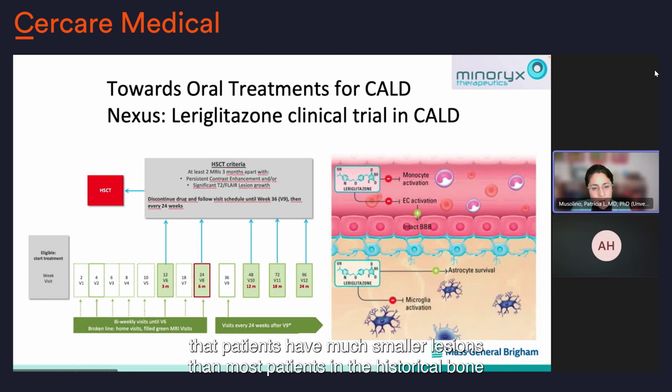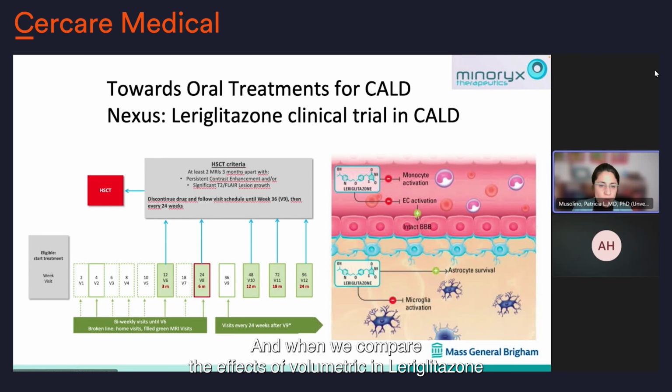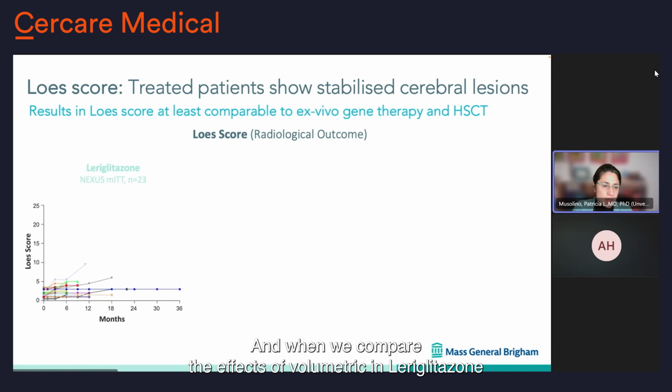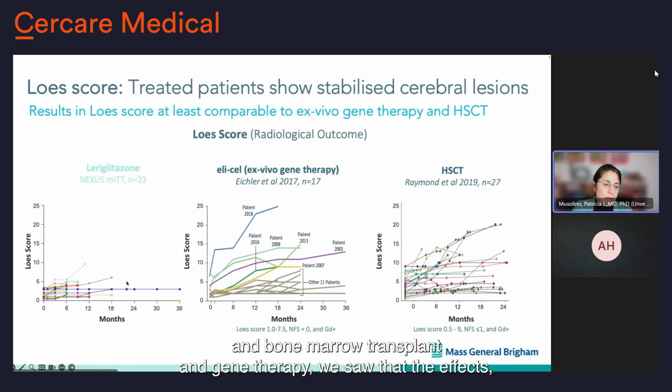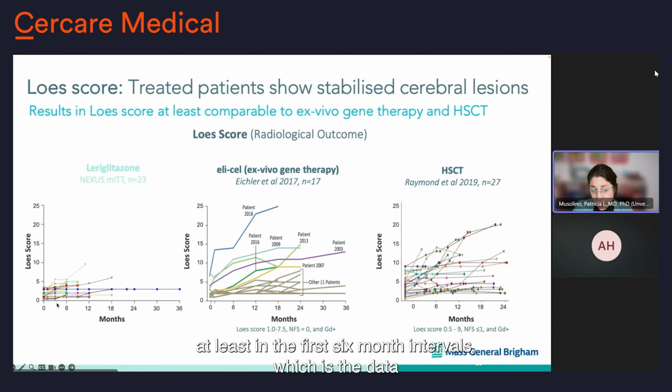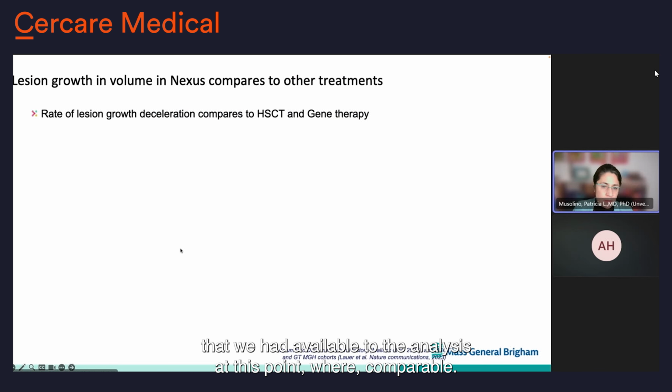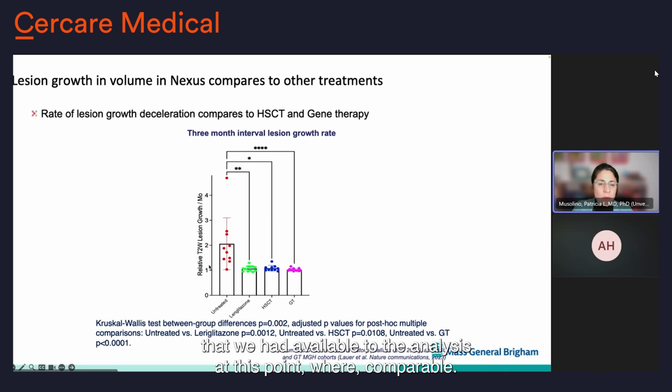The patients have much smaller lesions than most patients in the historical bone marrow transplant cohort, but very comparable to the gene therapy cohort. And when we compare the effects on volumetrics of leriglitazone, which is this drug that I'm talking about, and bone marrow transplant and gene therapy, we saw that the effects, at least in the first 6-month intervals, which is the data that we had available for the analysis at this point, were comparable.